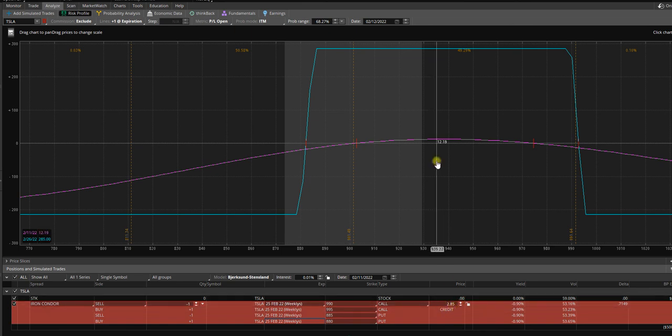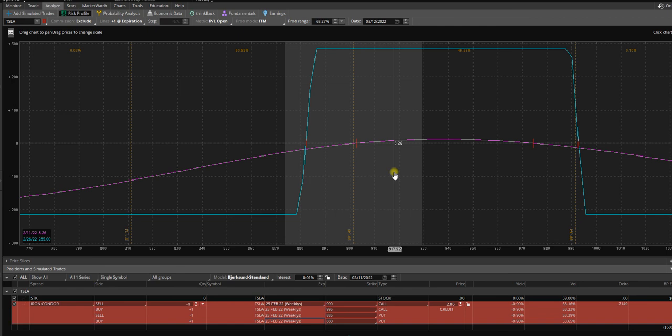It's 285, and then the max loss is 215 per spread, and that's because the more time that you hold this position, the less the probability that the stock will remain within that range. So if you made this out to April, for example, it would be a very large credit because it's a very small chance that Tesla would stay between 880 and 990 through that period of time.